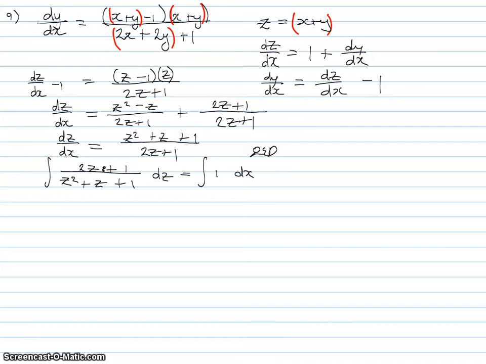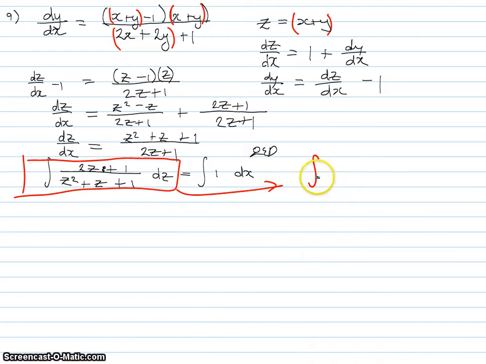Now, if I look at this equation, what do I have? This is in the form of integrating f prime of z over f of z, with respect to z.